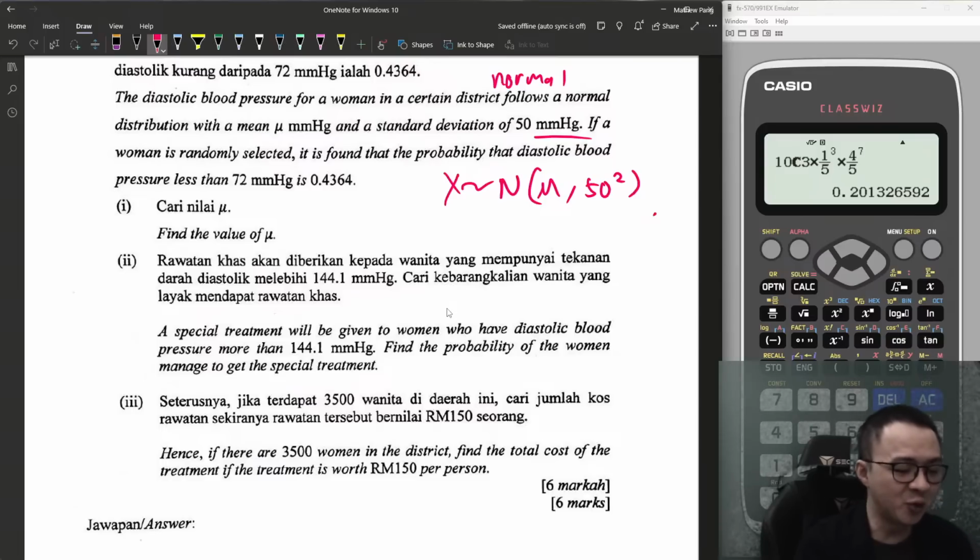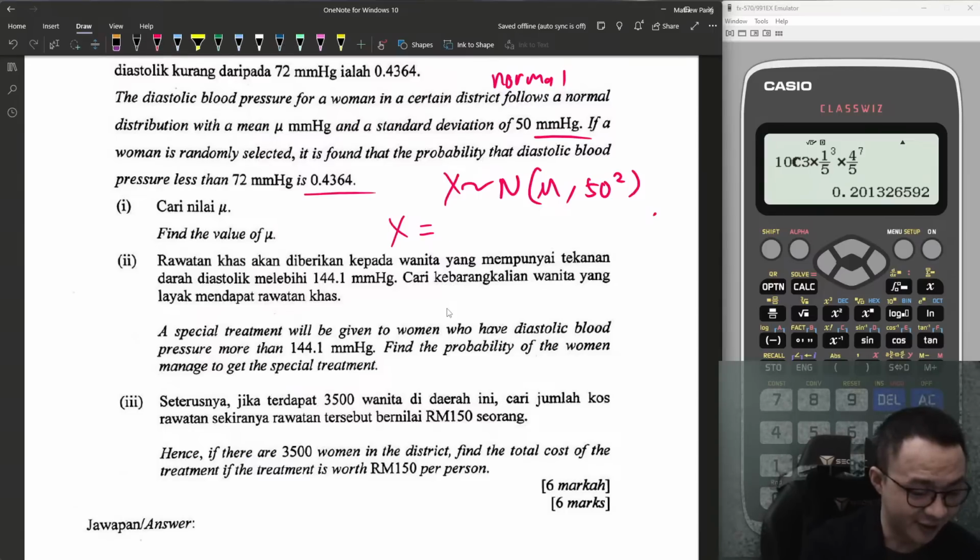Okay, so if a woman is randomly selected, the probability that her diagnostic blood pressure is less than 72 mmHg is 0.4364. So my X should be the diagnostic blood pressure for women.